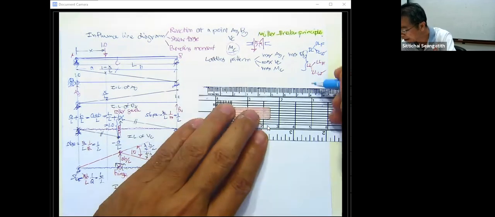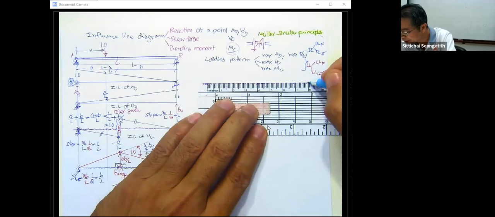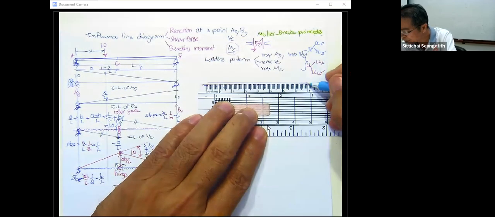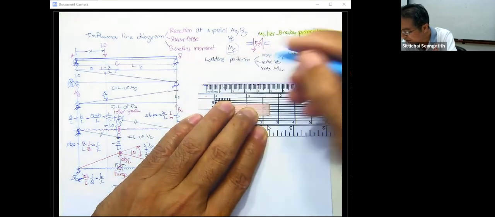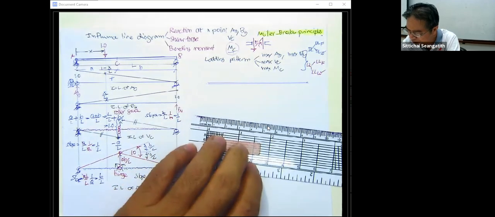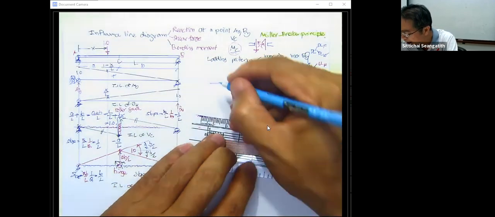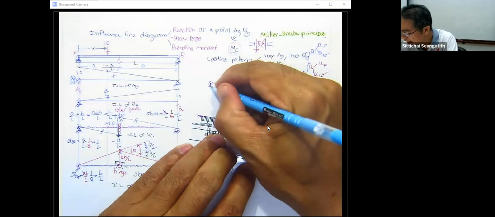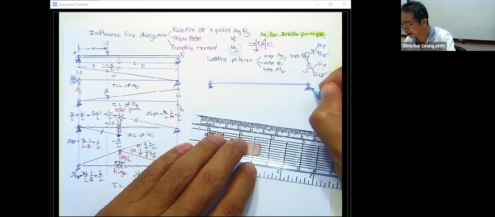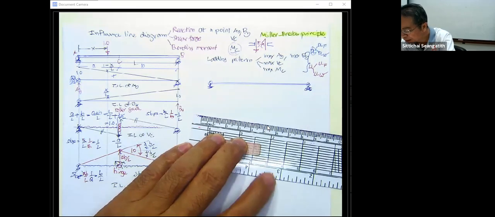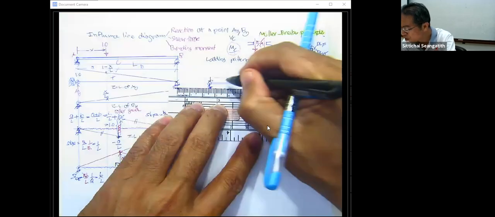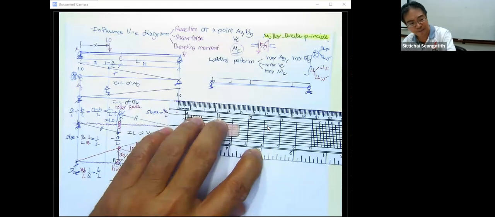Let me start by checking this beam in which the influence line is going to be all positive. And again, I should say that for the dead load, wherever you provide it, it is the weight of the beam. So it's always in the full length of the beam.